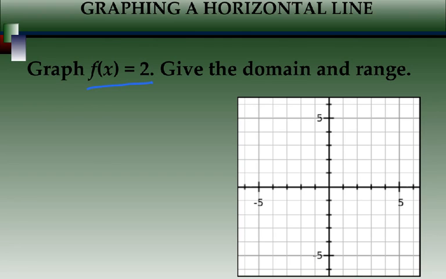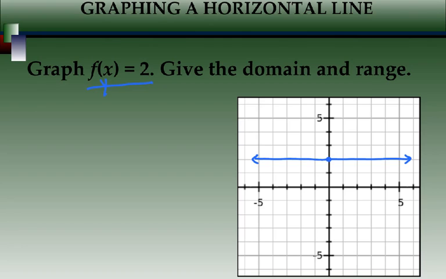Remember, you can replace f of x with a y. And how we're going to plot that is at our y equals 2, we graph a straight horizontal line at that y value. Okay, and there we have our horizontal line.